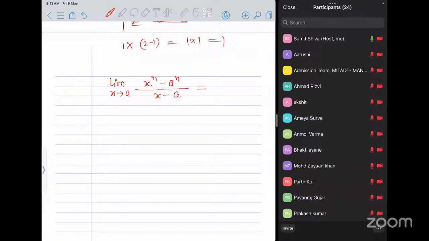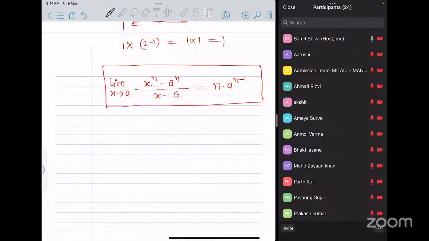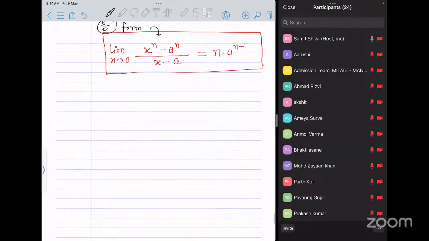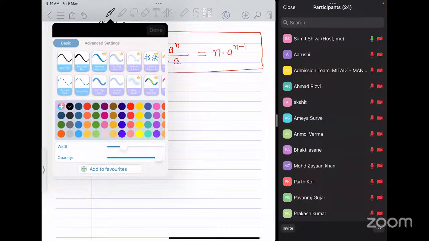x raised to power n minus a raised to power n upon x minus a will be n into a raised to power n minus 1. And this is again 0 by 0 form. Questions will be like this.